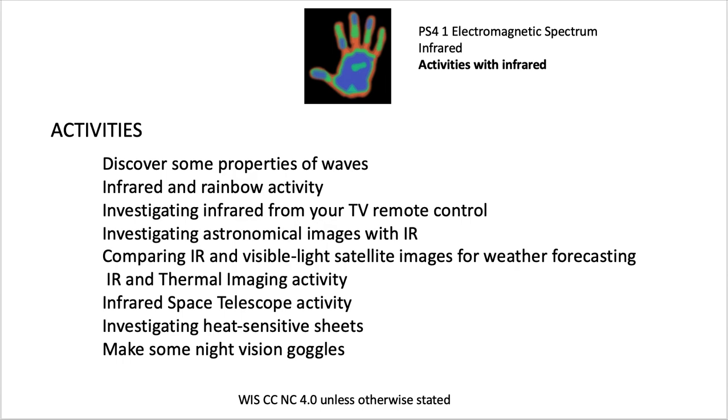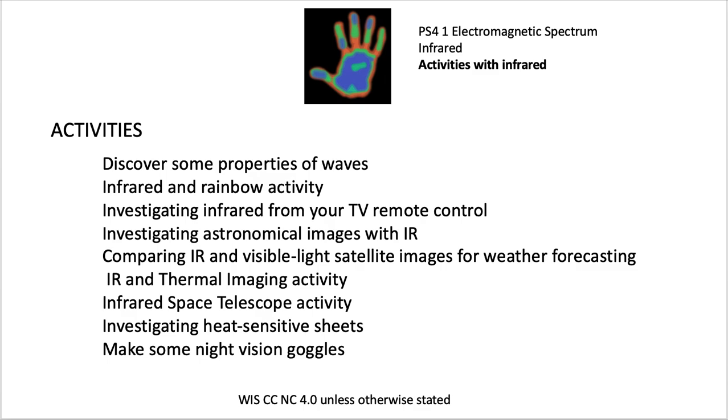We're going to look at some activities with infrared, and because they're waves, properties of waves involving a rainbow, the infrared from your TV remote, astronomical images, weather forecasting images, thermal images, and more.